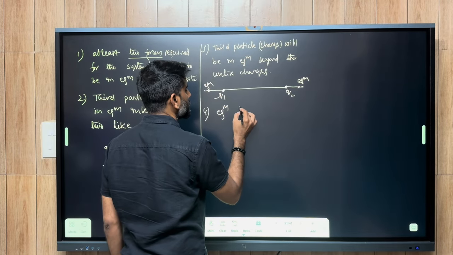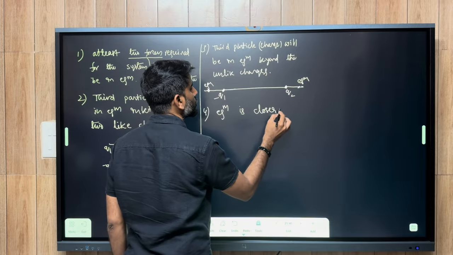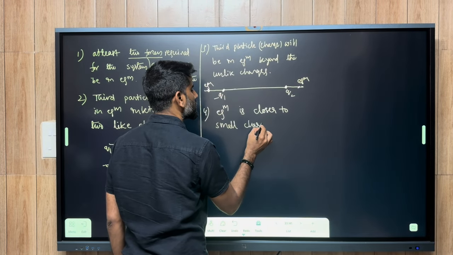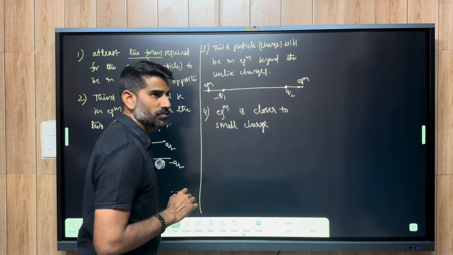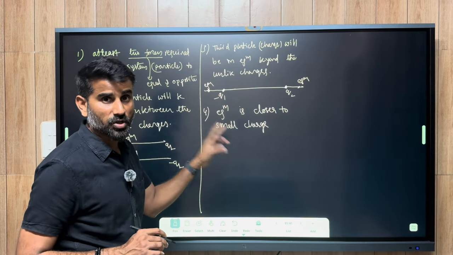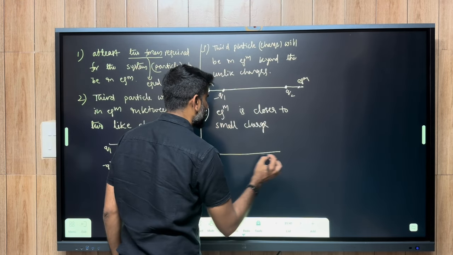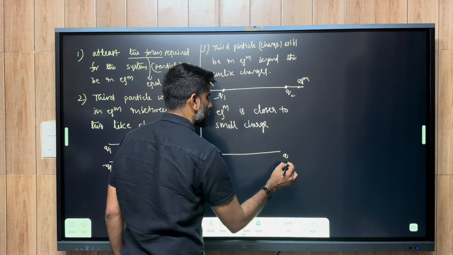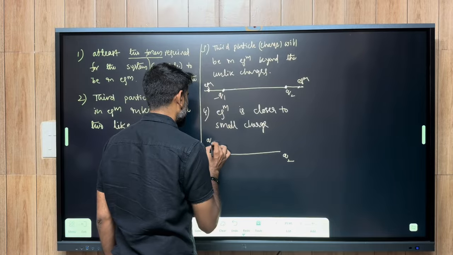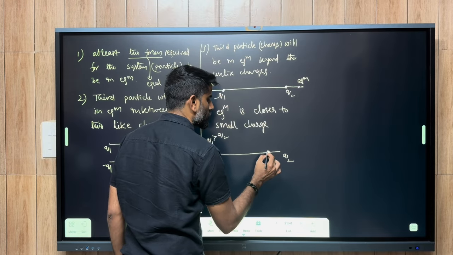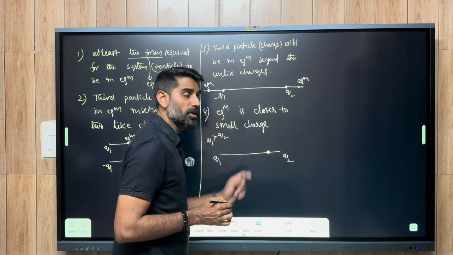Now the fourth one: equilibrium is closer to the small charge. Whichever charge is smaller, the equilibrium lies close to that charge. I am taking an example q1, q2, with the condition q1 is greater than q2, then the equilibrium lies close to q2 because q2 is the smaller charge.